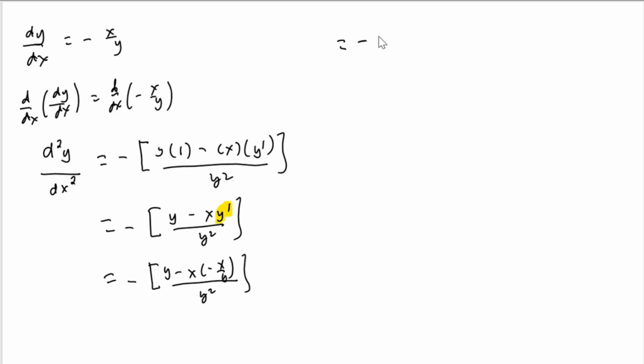I have the negative times the quantity y minus negative x times negative x over y, which becomes positive, so positive x squared over y, all over y squared. Then to simplify that, I have the negative outside.